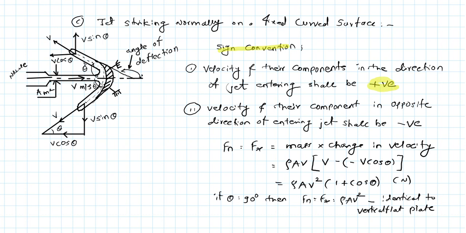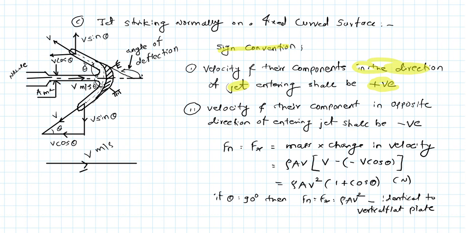In the direction of the jet, that means your jet is coming. The jet direction is v meter per second.